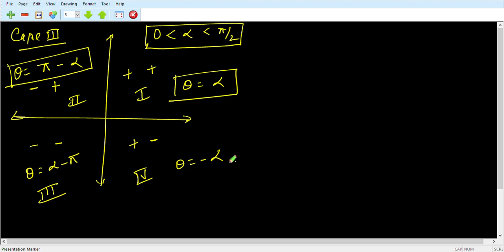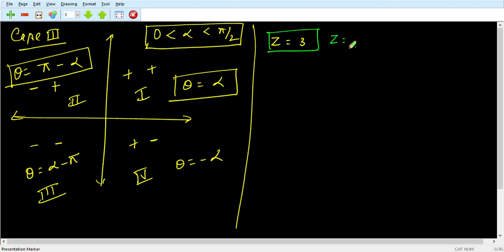Now let's represent some complex numbers in polar form. For example, z is equal to 3. This can be written as z is equal to 3 plus 0 iota. So x is 3 and y is 0. So r is equal to under root 3 square plus 0 square, so the answer will be 3 itself.